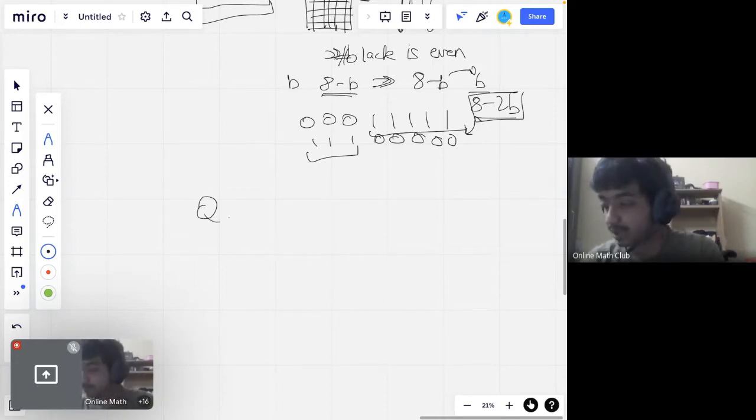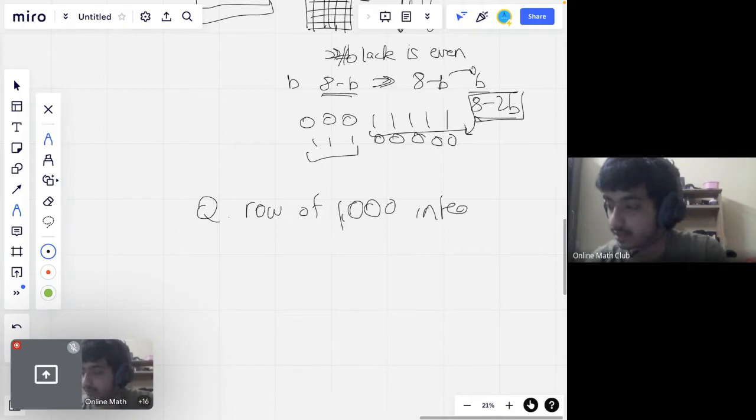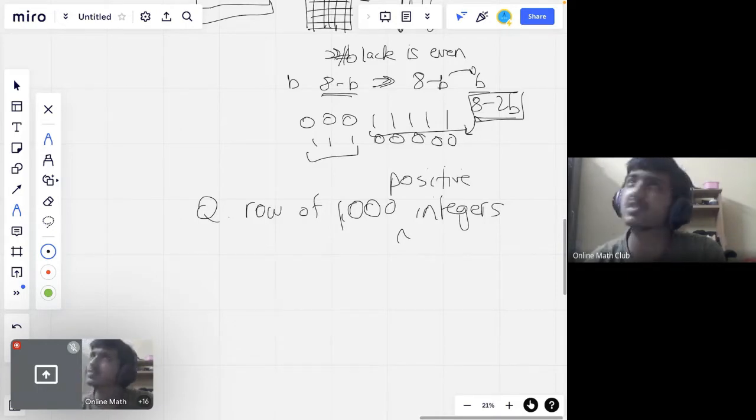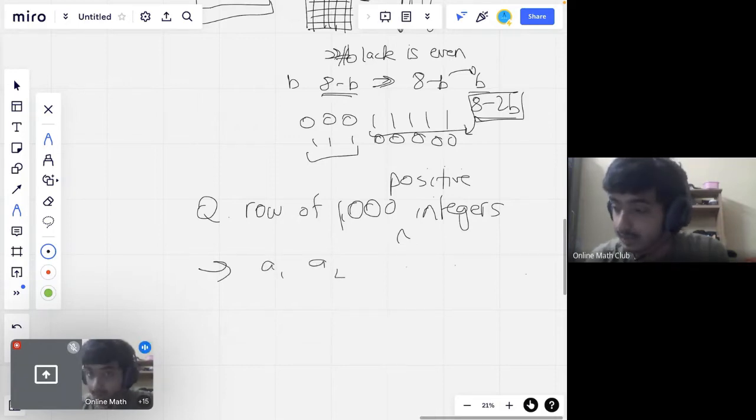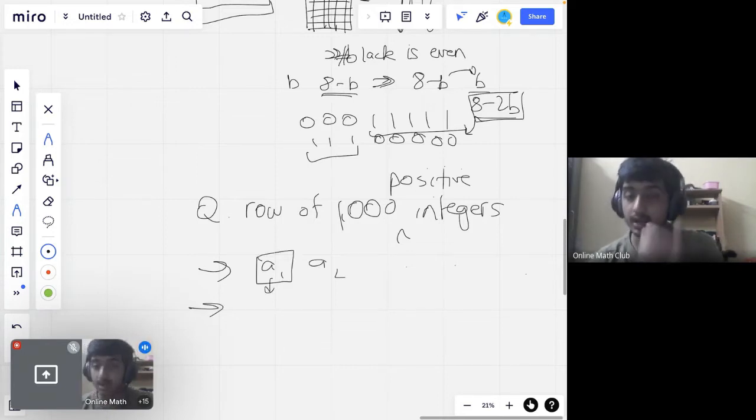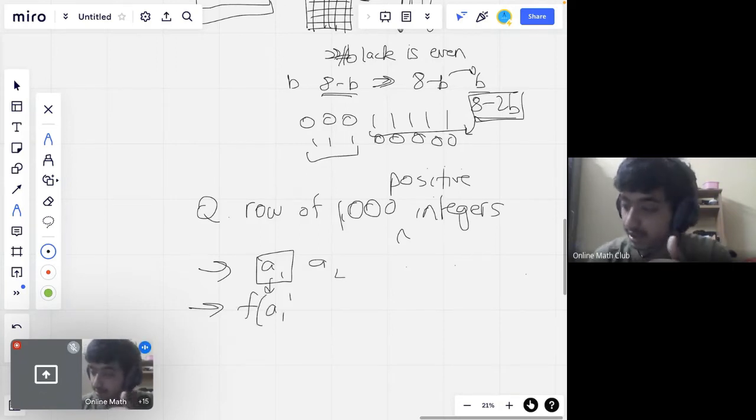Let's say you have a row of 1,000 integers, positive integers actually. Does positive matter? It really doesn't matter, but let's say positive. Now, in the second row below them, under each number, you write down another number, f of a1, which is the number of a1s in this upper row.